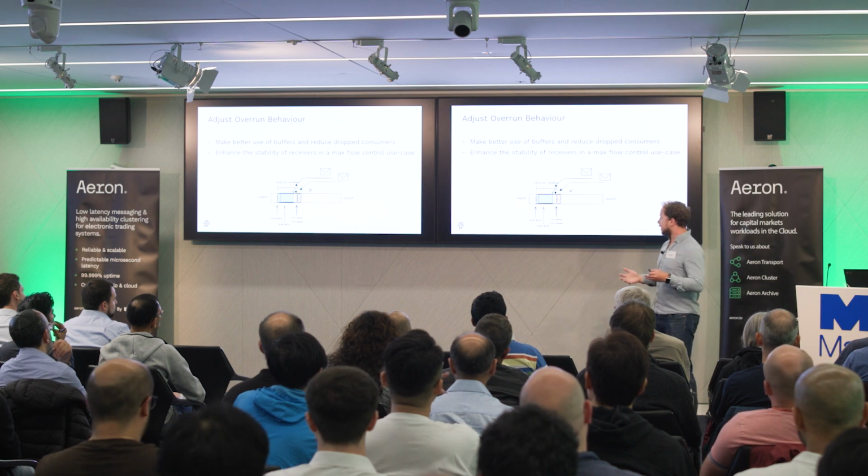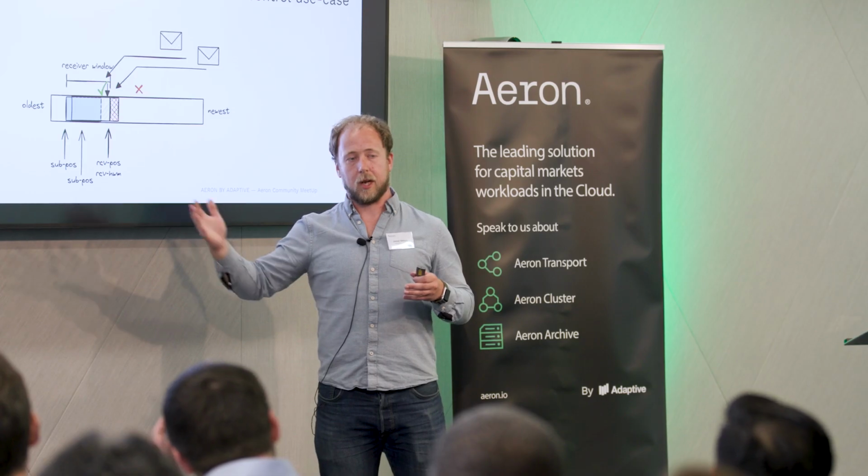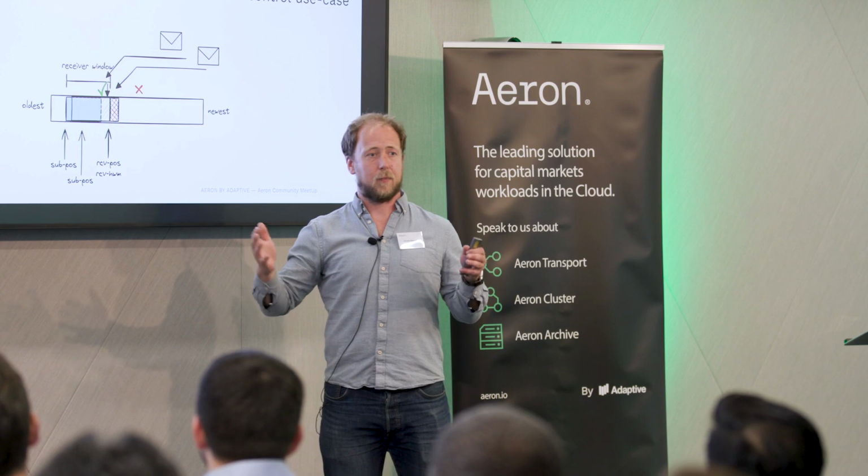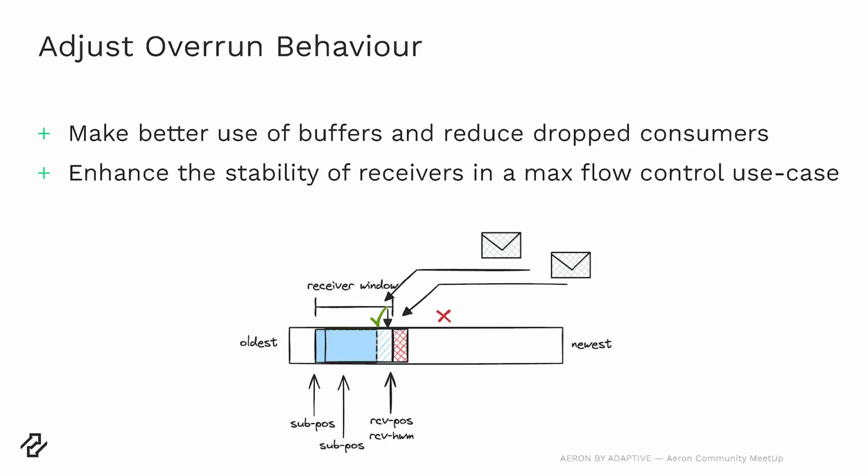This example is particularly good in a scenario where you've got a slower consumer that's had a blip and taken longer to process a message. Before, if it received a message beyond its receiver window, that message would be dropped on the floor, at which point it has to do NAKs, or drop the connection and reconnect in order to establish.